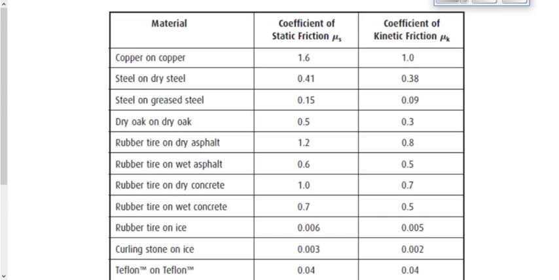This is a table of various coefficients of friction. What this shows is that there's varying numbers, varying by quite a lot sometimes, that illustrate the coefficient of friction of different materials on different materials. If we have copper on copper, if you're trying to pull something on copper, well, you probably don't want to have it made out of copper, because the coefficient of friction between copper and copper is very, very high.